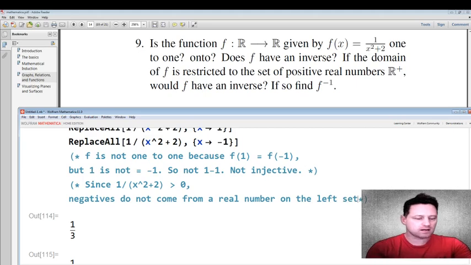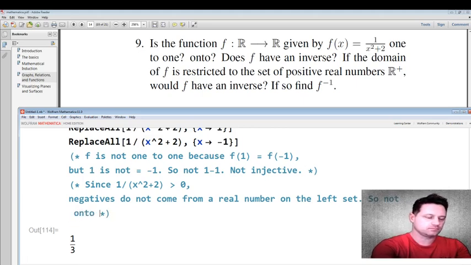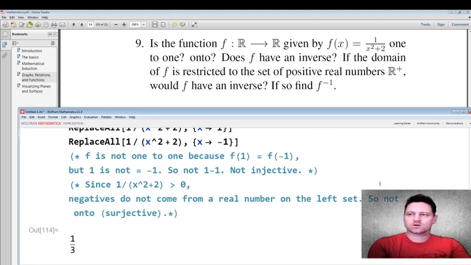Okay, and by that I just mean this over here. So there is no real number that gets sent to a negative. Okay, so let's conclude. So not onto, and in brackets, another word for this is surjective. Okay, so that's the second question answered.